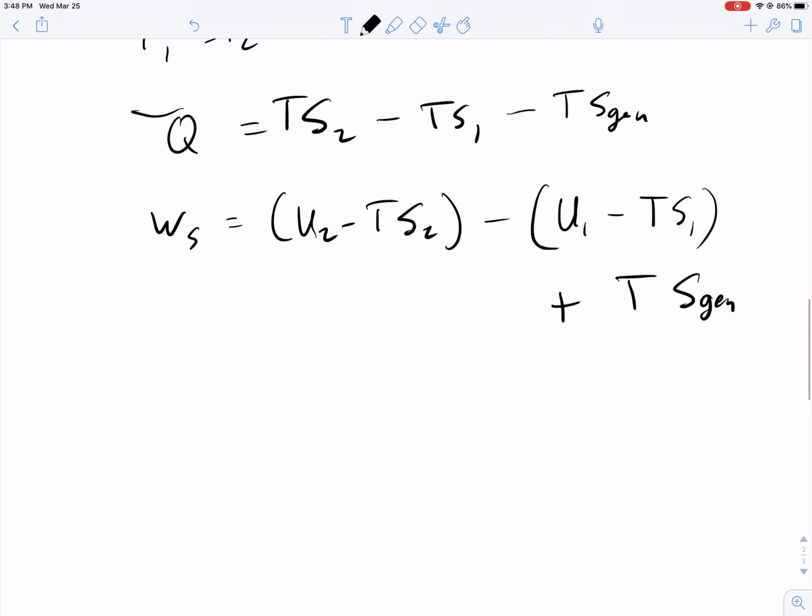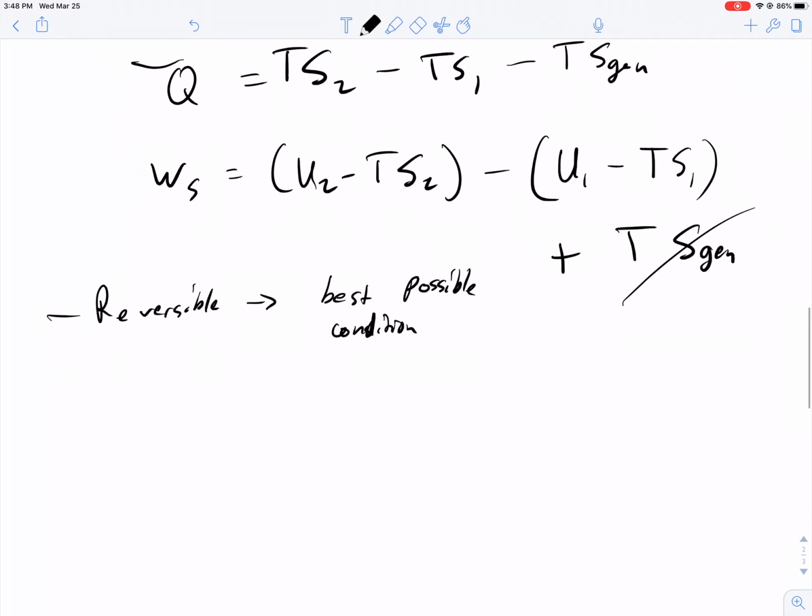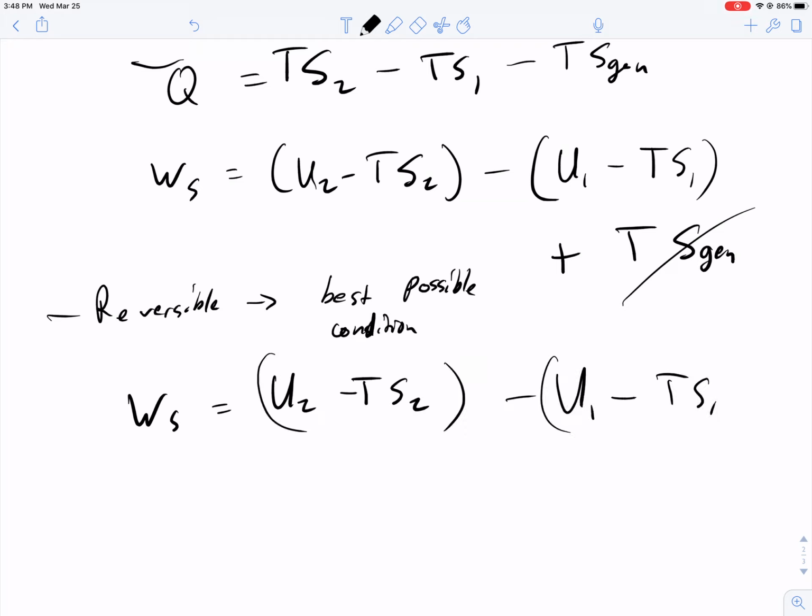Now, if we consider this to be reversible, which means the best possible conditions, so we have no small gradients in temperature, we have no entropy generation term, then we'll strike through this, and we're left with WS equals U2 minus TS2 minus U1 minus TS1.